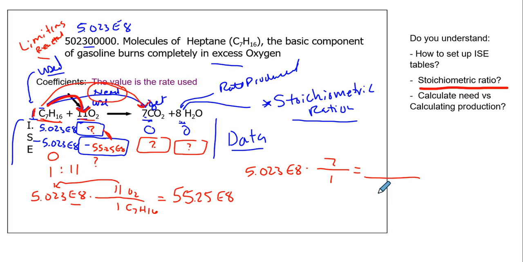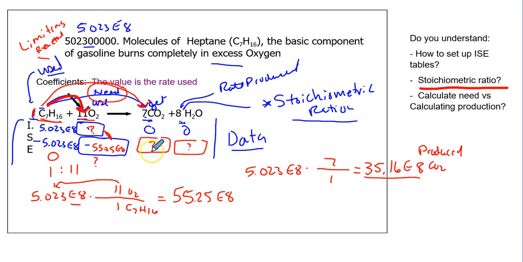So 35.16e to the 8th. Now that would be CO2s. And that's produced or getting.